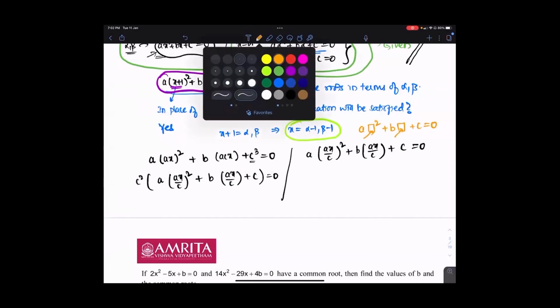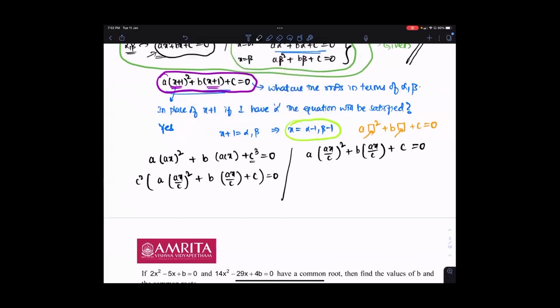So instead of ax by c, if you put alpha or beta, the equation will be satisfied. So what should be x? It should be c alpha by a, comma c beta by a. And we know what c by a is. It is alpha beta. So this part, comma alpha beta b. So what will be the final answer? Alpha square beta and alpha beta square.